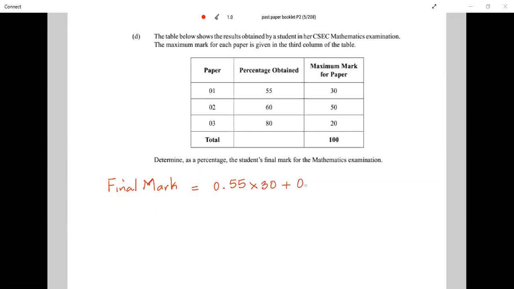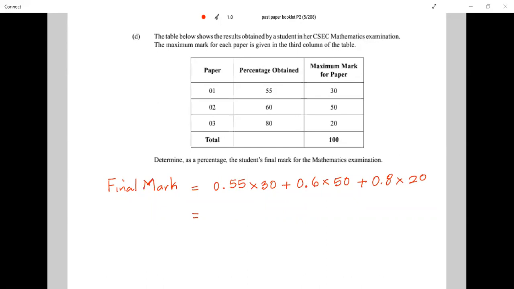She gets 60% of the 50. And she gets 80%, which is 0.8 of the 20. So just by putting this in your calculator, you will get what her final mark is. On paper 1, she got 55% of the 30. On paper 2, she got 60% of the 50.